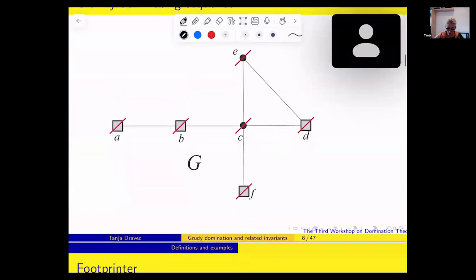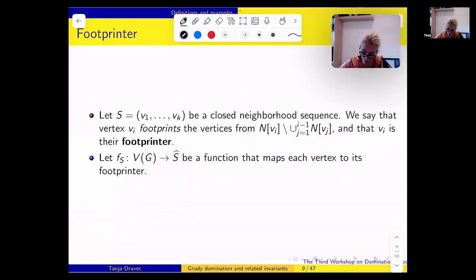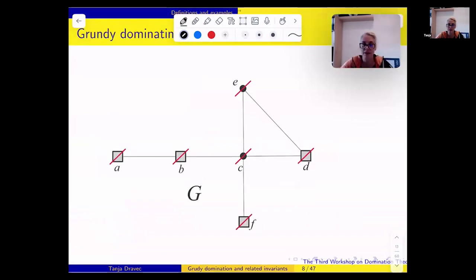And now I can put D in the sequence, and D will dominate D and E. So I found a closed neighborhood sequence of length 4, which means that the Grundy domination number is at least 4. We can also easily find out that there is no longer sequence, so the Grundy domination number of this graph is 4.